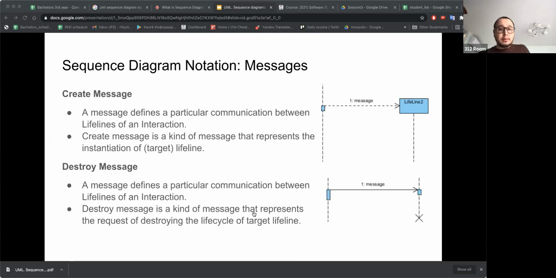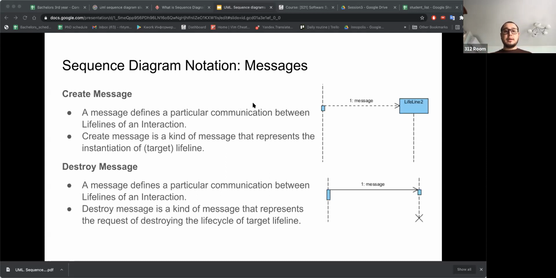Then we have create message. Please pay attention, this arrow is drawn with a dashed line. This means that we are instantiating another lifeline.